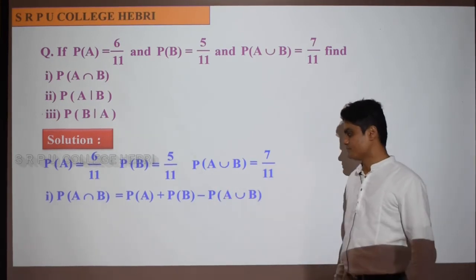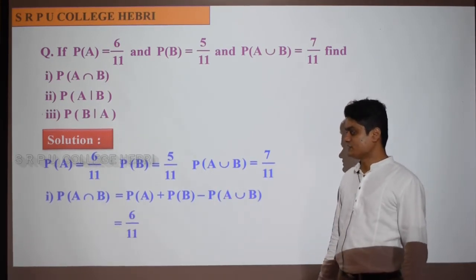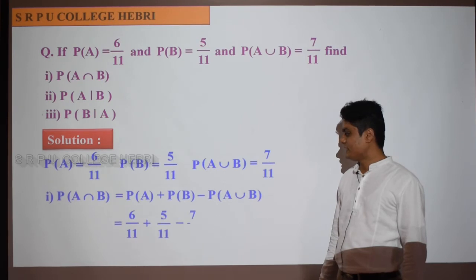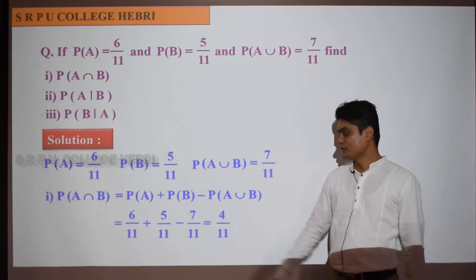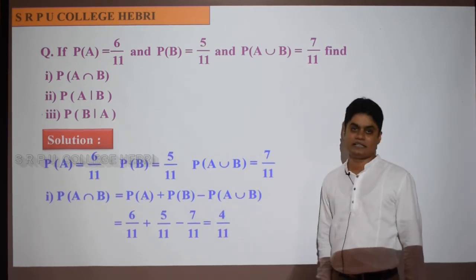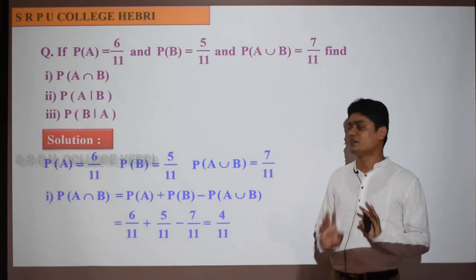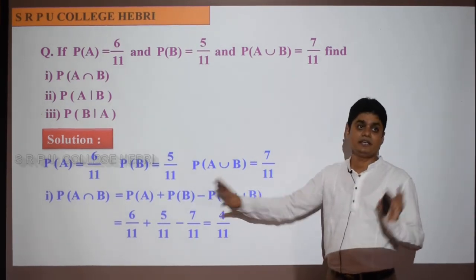I hope you understood. Substitute, you will get 6 by 11, 5 by 11 and 7 by 11. Simplify, you will get 4 by 11. Correct? 11 minus 7 is 4, so 4 by 11. That's a simple direct question. No confusion. Remember the formula, you will get the answer.